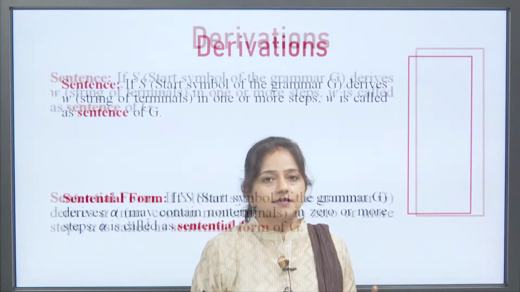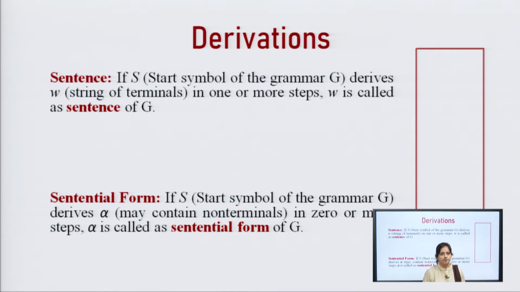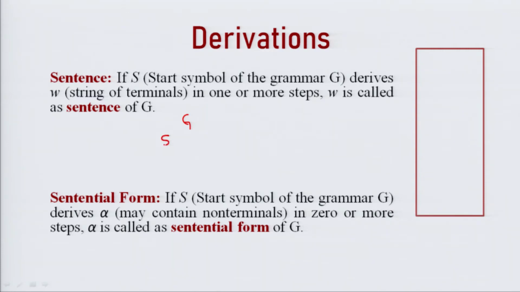Now, we will see the next example for derivation, but before that, we will first understand the next terminology, that is sentence and sentential form. Suppose we have a grammar capital G and the start symbol of the grammar is capital S. From the start symbol, we apply one step and reach alpha, so S derives alpha in one step.